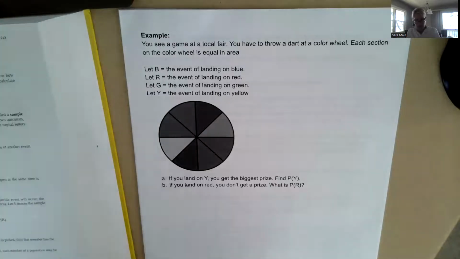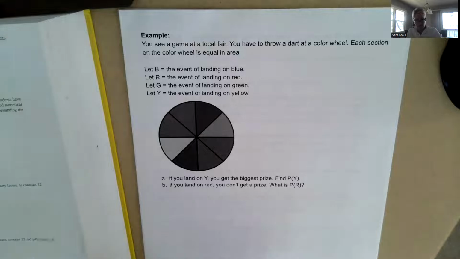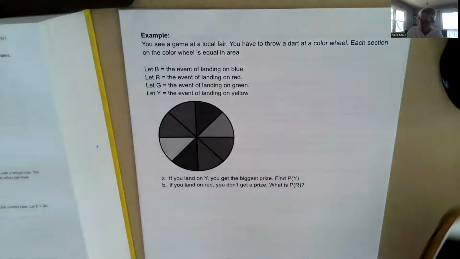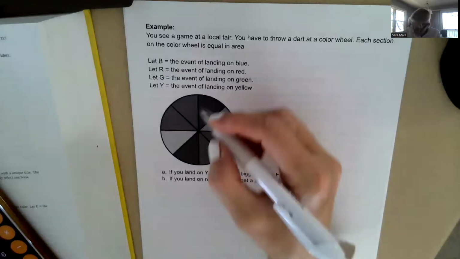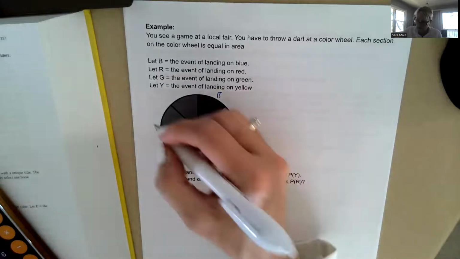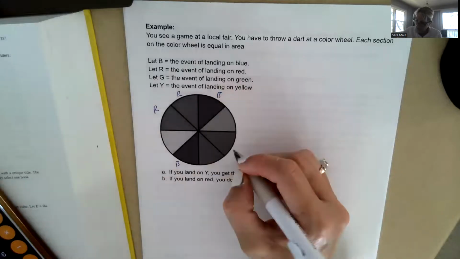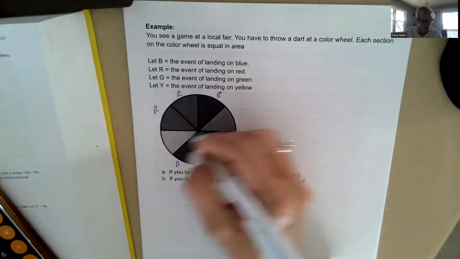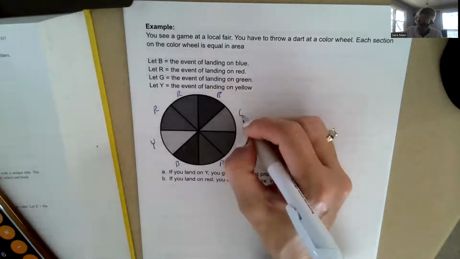I'll get to that. So this is a blue and a blue. You can kind of tell by the shading. This is red and red and red and red. And then this is yellow and this is green.